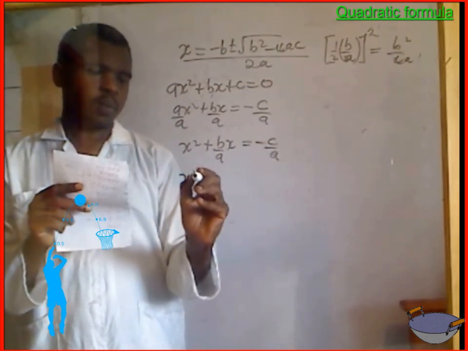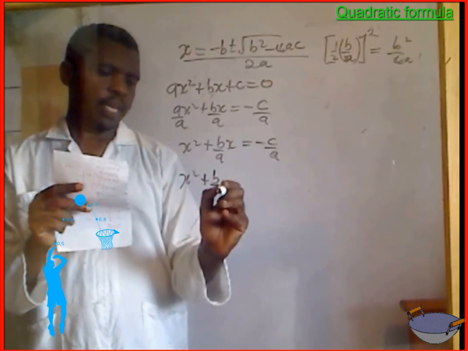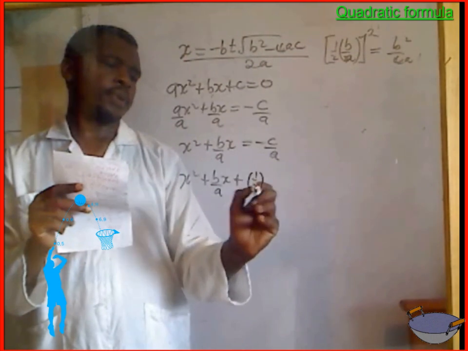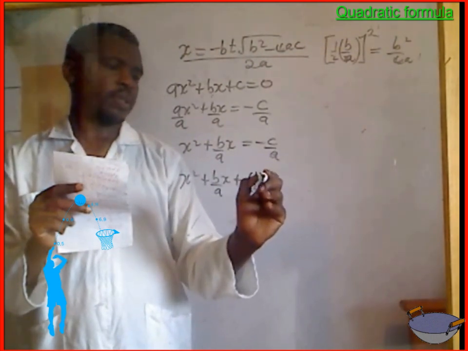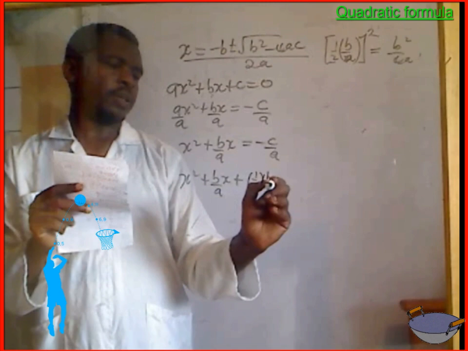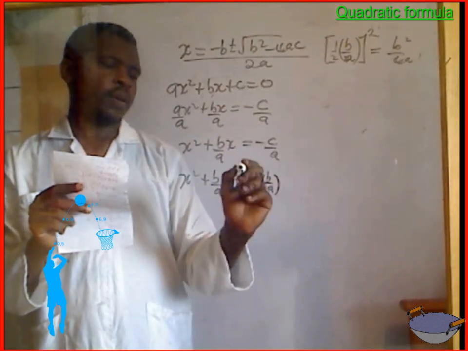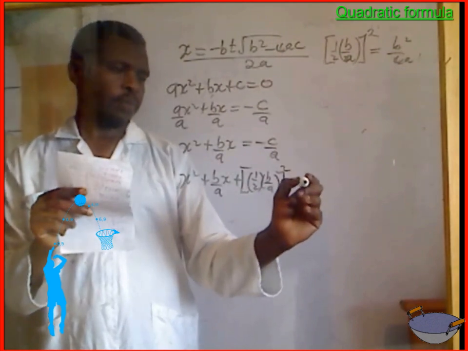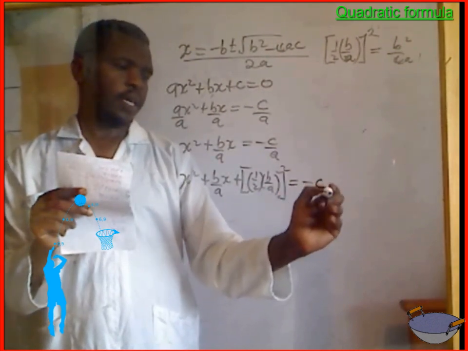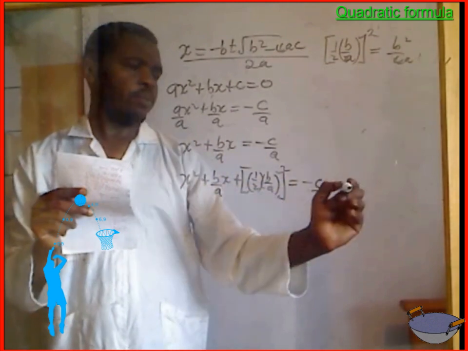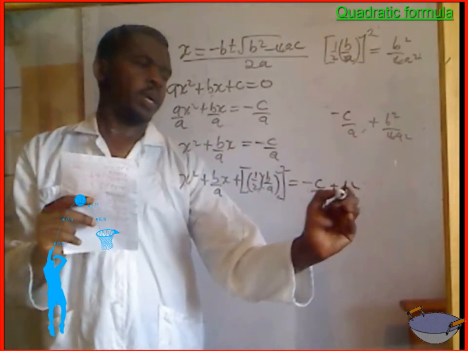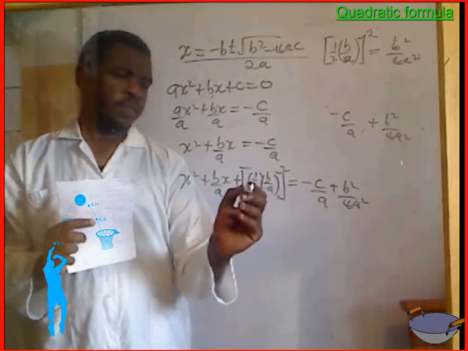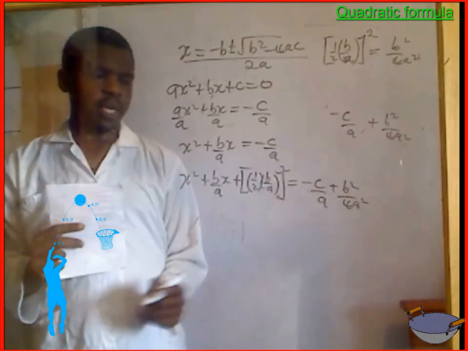I have x squared plus b all over a x plus half times b all over a all square is equals to minus c all over a plus, this one is same as b squared all over 4a squared. So leave this in this form so that we can factorize.